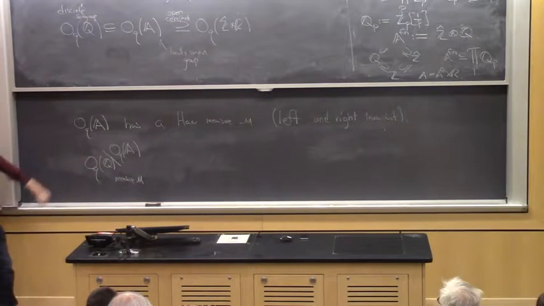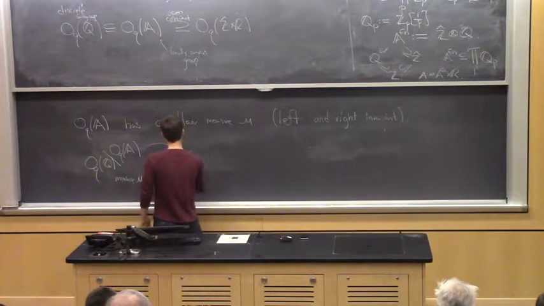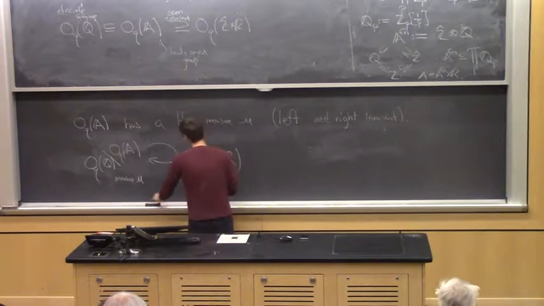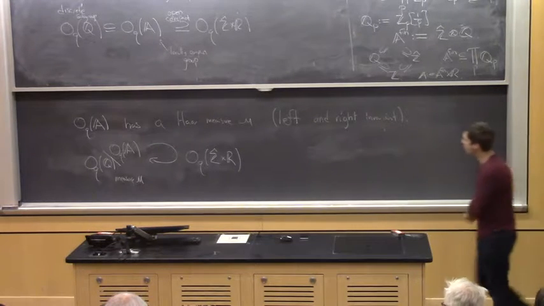Now we're interested in this collection of left cosets once you mod out further by a right action of O_Q of Z hat cross R. And we're interested specifically in how many double cosets there are.